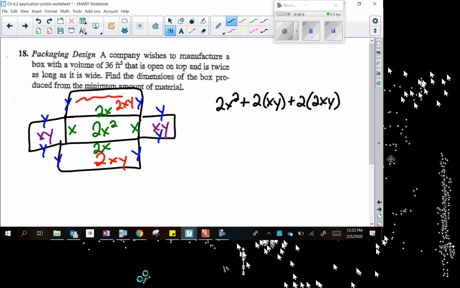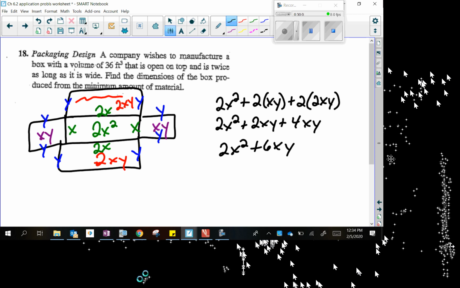If I simplify it one more step, that's really just 2xy, and this is really 4xy, right? And then 2xy plus 4xy gives me 6xy. So don't try to jump right from 0 to 100 or whatever. Build it step by step.